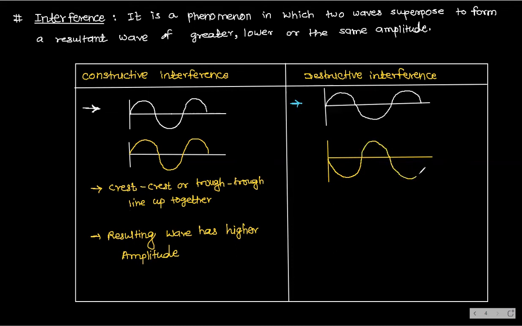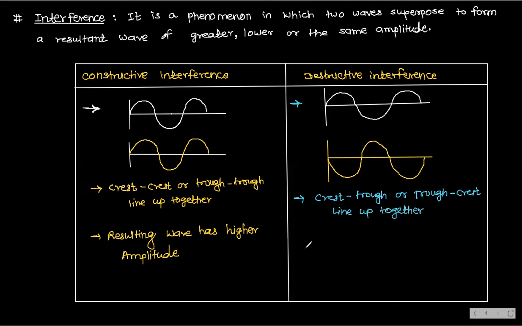So what you will say here: crest of one wave lines up with trough of another wave, or trough of one wave lines up with crest of another wave.